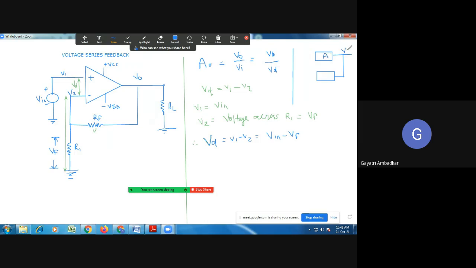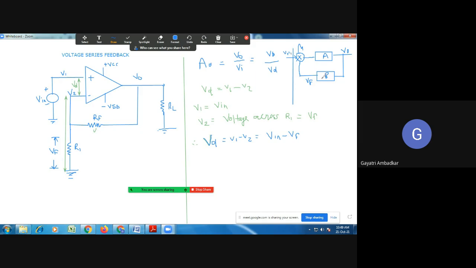This is the output of the amplifier, which goes to the input of the beta network, and the beta network provides you the feedback voltage. We call this Vf, and it goes to the mixer stage. In a feedback amplifier, the output of the mixer goes to the amplifier, and the mixer receives one more signal, Vin.